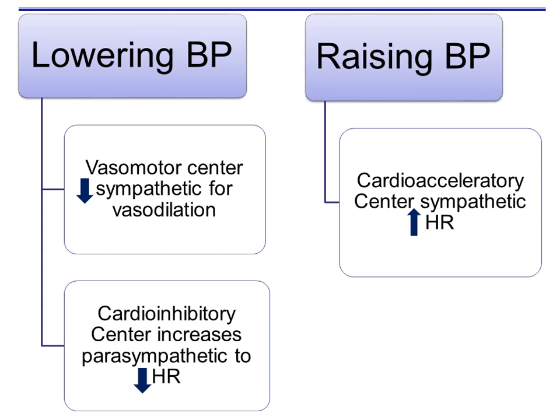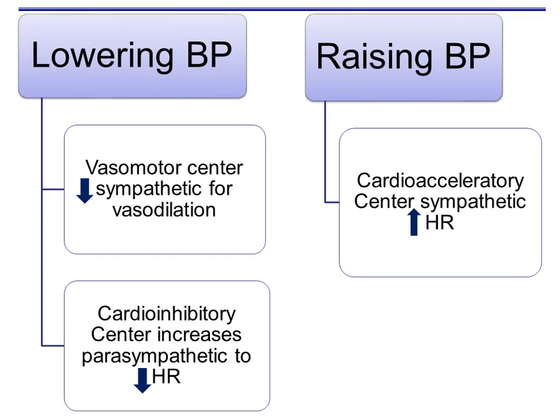So I'm going to now fire action potentials on my parasympathetic neurons to my heart. They will kind of override that SA node, and they'll slow down the number of contractions in a minute. So I vasodilated and I slowed my heart rate. That's going to decrease resistance and decrease cardiac output, which will end up lowering my blood pressure.